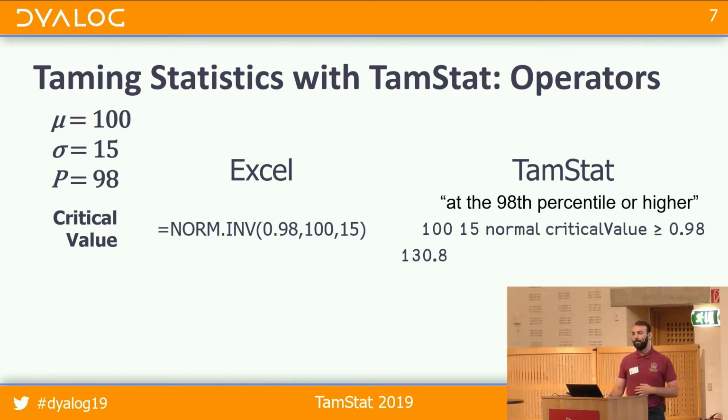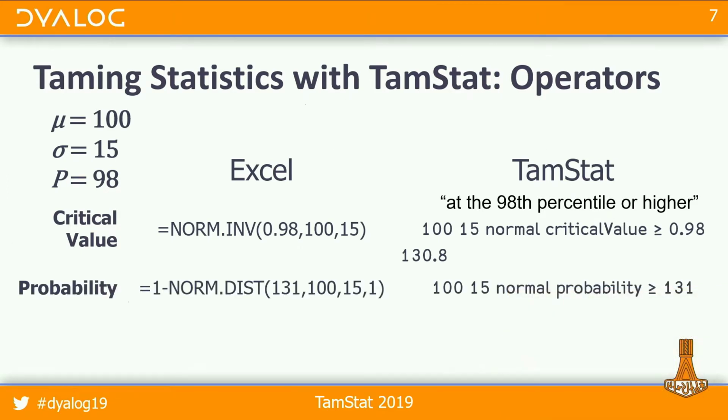So you find that you need an IQ of 131 or more. And now, all right, let's think about this the other way. Flip the question a bit and verify this. We're now going to ask, what's the probability that someone taken from the population has an IQ greater than or equal to 131?